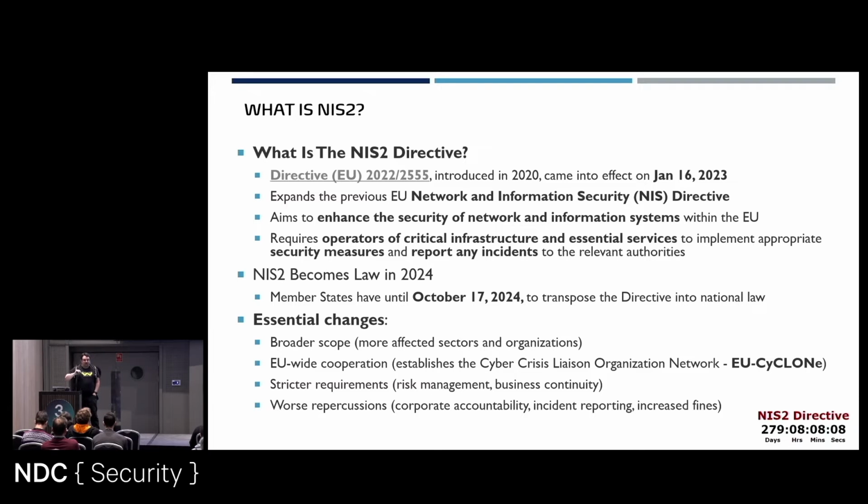And fourth, last but not least, the repercussions. The fines are there, and they're way higher, at kind of the level of what GDPR brings. So now if you don't do what you're supposed to be doing, you'll be fined. Like I mentioned, on this one, member states chose the sanctions.